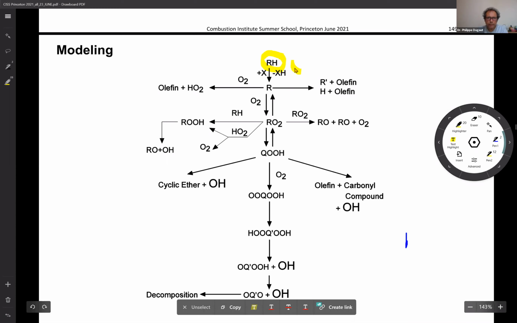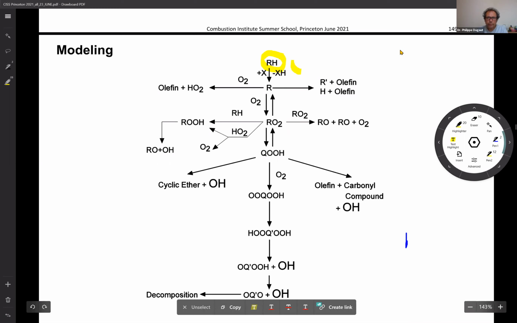This alkyl radical can react with molecular oxygen and produce a peroxy radical. And this peroxy radical can isomerize by internal H-atom transfer. If you start to write this radical, for example, well, I will do it simple.